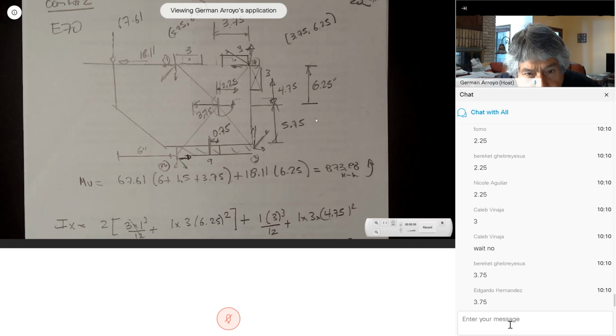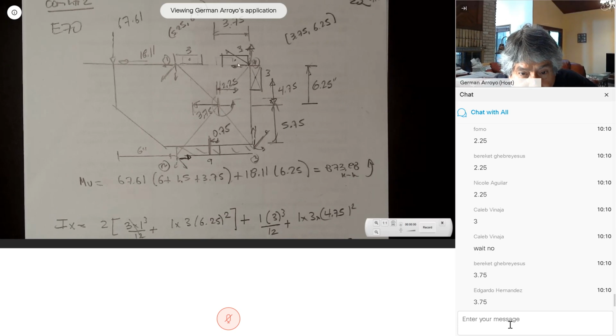The distance from here to this point, so the distance between this horizontal axis and this centroid is going to be 6.25. This 6.25 is the total, this total distance.